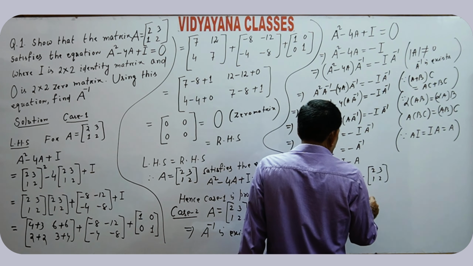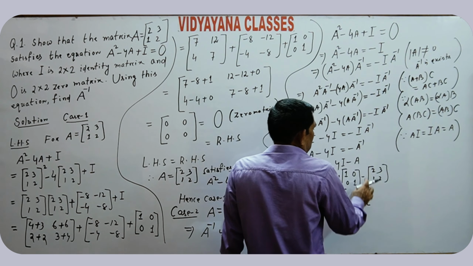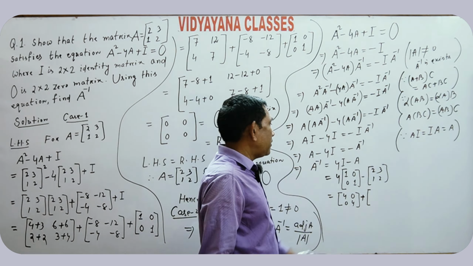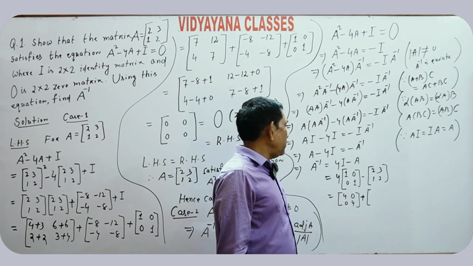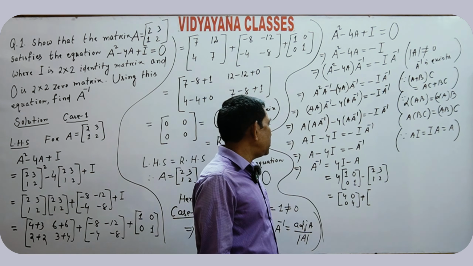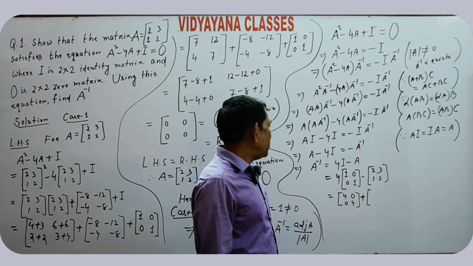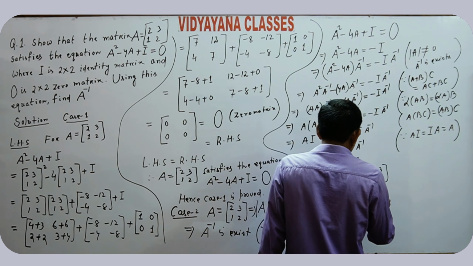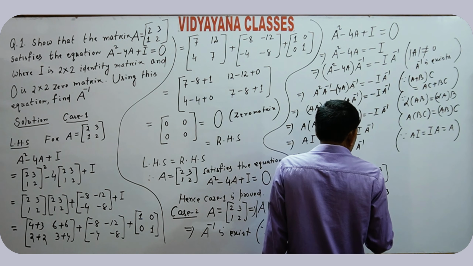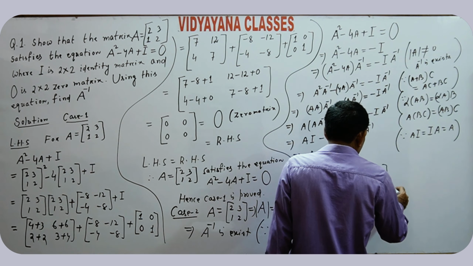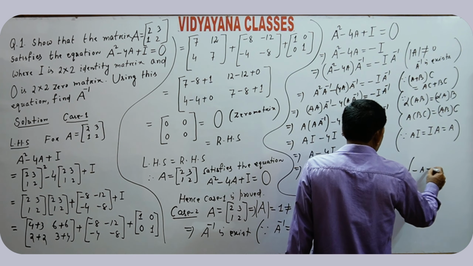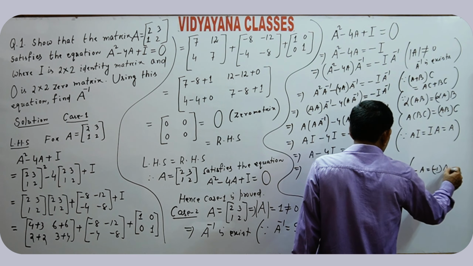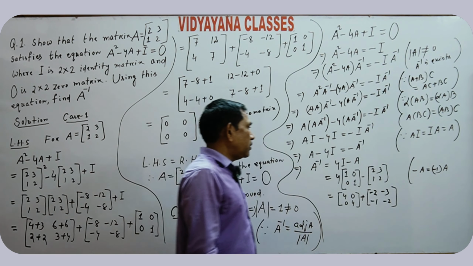Minus of this is the same as minus 1 is a scalar. If a scalar is multiplied with a matrix, then it will be multiplied with every element of the given matrix. Minus 2, minus 3, minus 1, minus 2. Since minus A is equal to minus 1 into A. Minus 1 is the scalar.